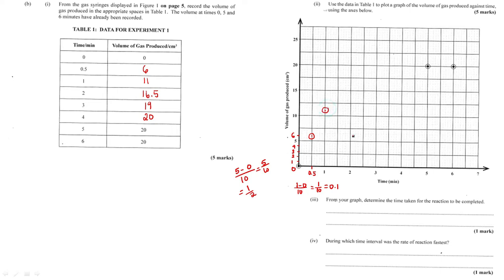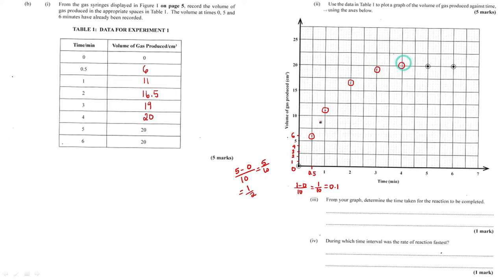At 2, we have 16.5, this is 16, and this is 0.5. At 3, we have 19, so that's just a little under 20, and at 4 we have 20.